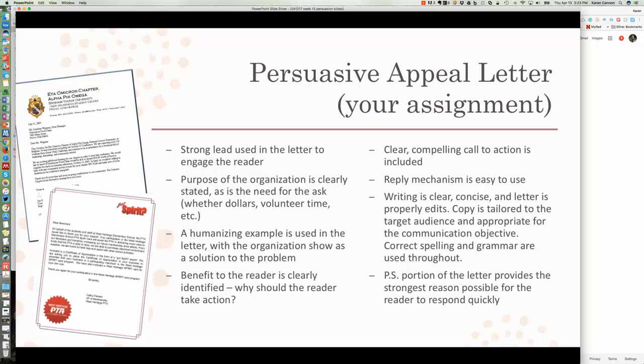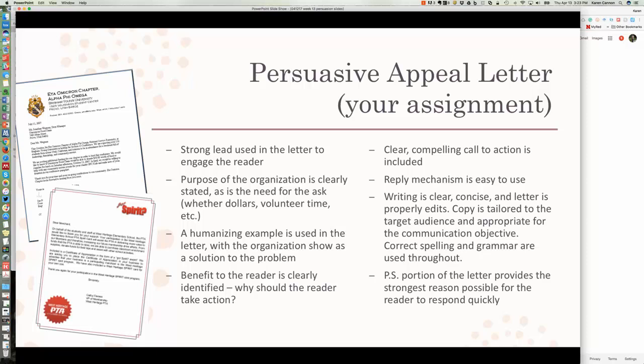A call to action. A reply mechanism that's easy to use. You don't obviously have to include a postcard or a letter or an envelope or something like that, but you do need to refer to it. And then if it's not clear from the text of your letter, you can write me a little note and say, I would include a form for people to fill out and a self-addressed stamped envelope kind of thing.